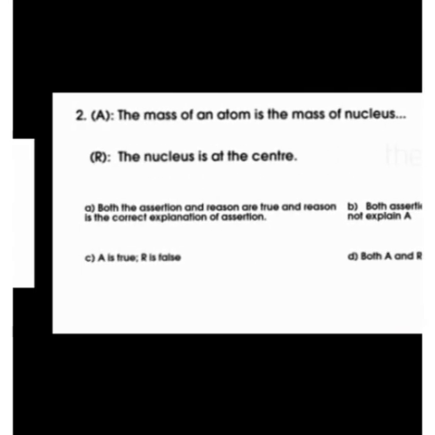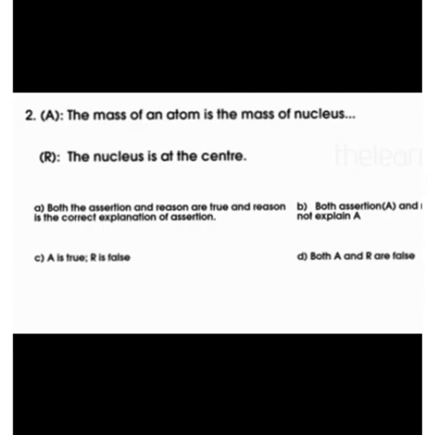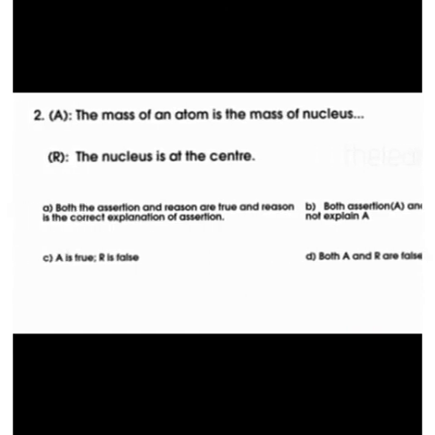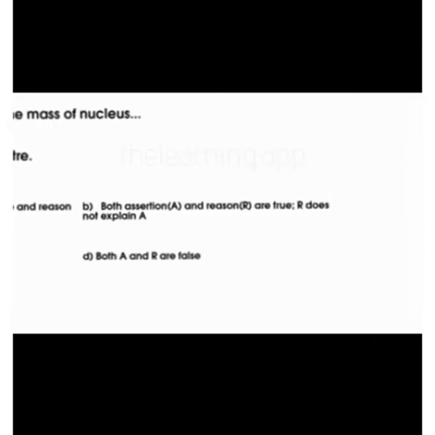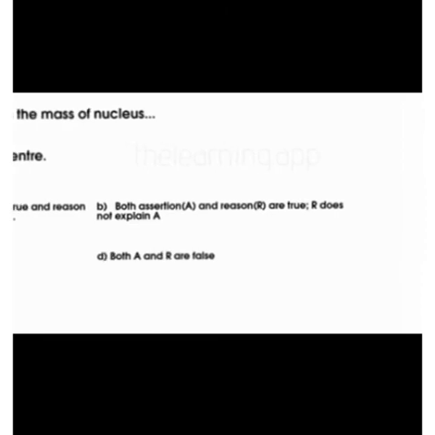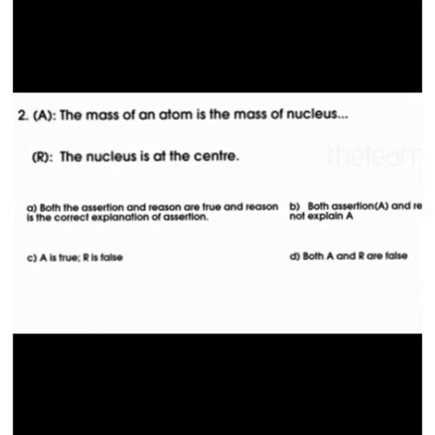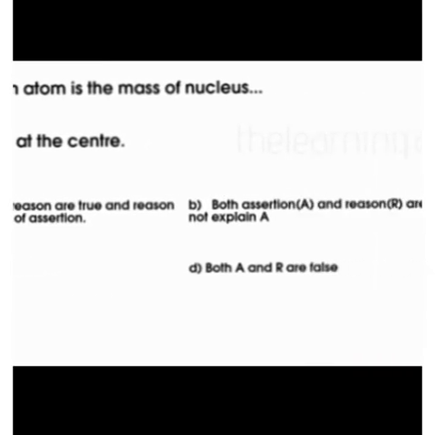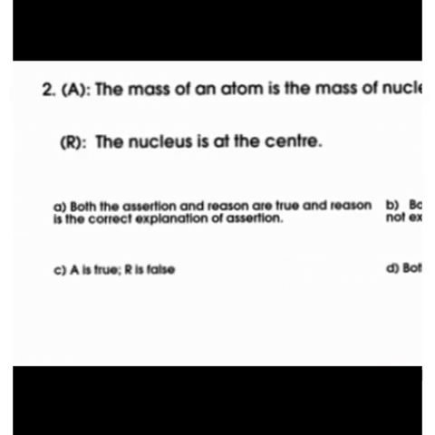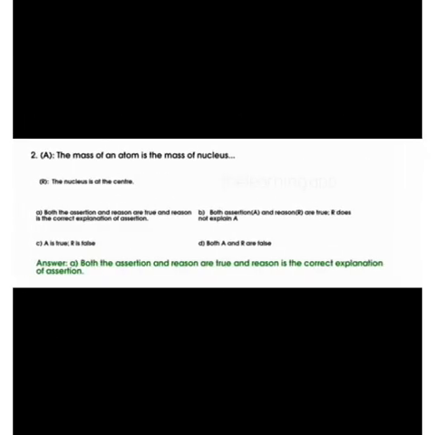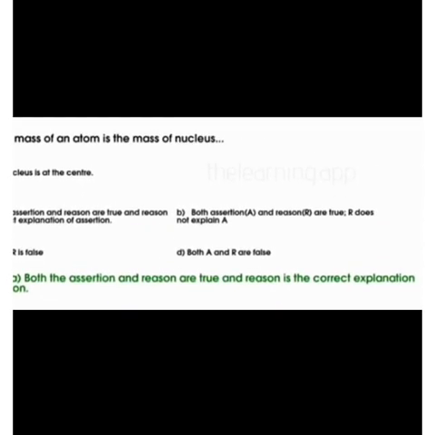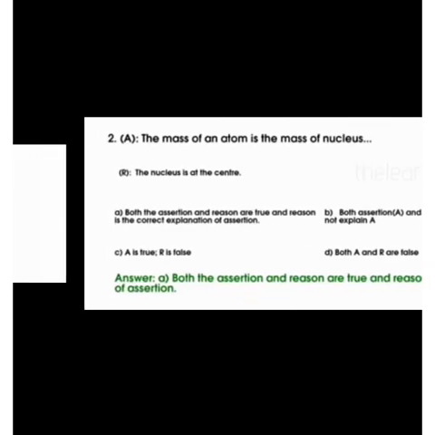The options are A. Both assertion and reason are true and reason is the correct explanation of assertion, B. Both assertion and reason are true but reason does not explain A, C. A is true but R is false, and D. Both A and R are false. The answer is both assertion and reason are true and reason is the correct explanation of assertion.